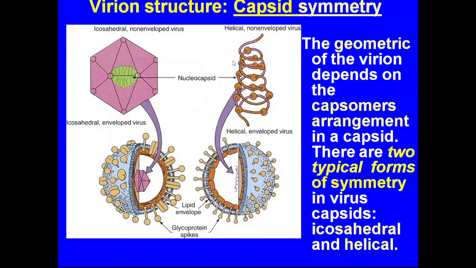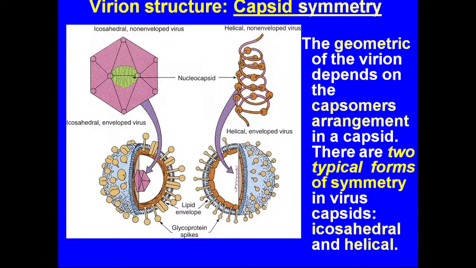Then theoretically, the helical non-enveloped viruses exist, but they are not found within the human or animal viruses. They are found within the plant viruses only. So this type, please pay attention, doesn't exist in human or animal viruses.